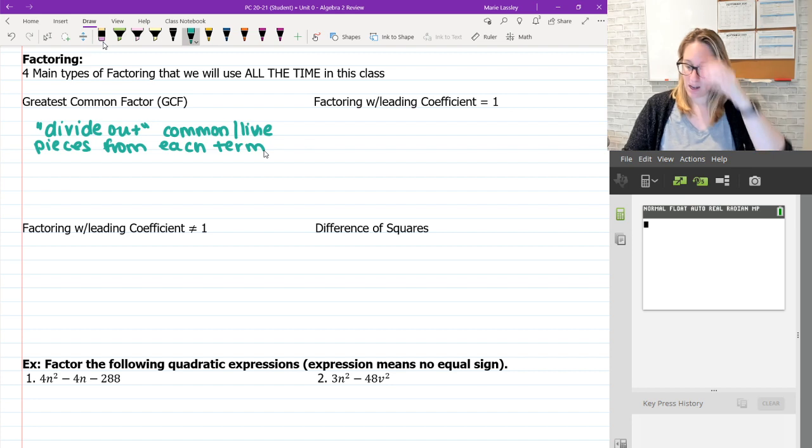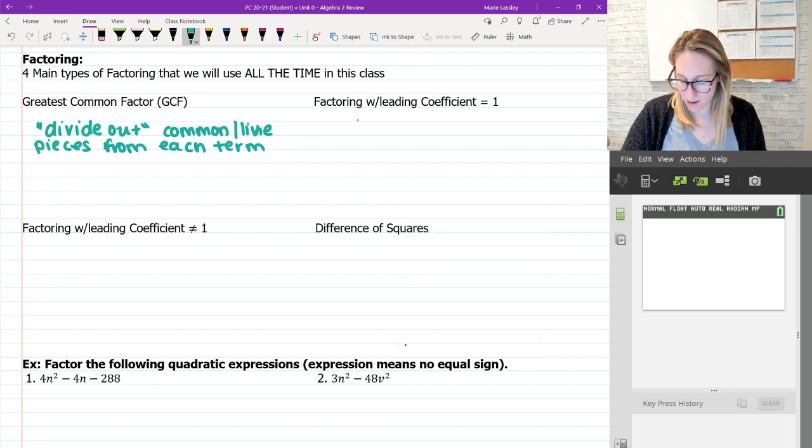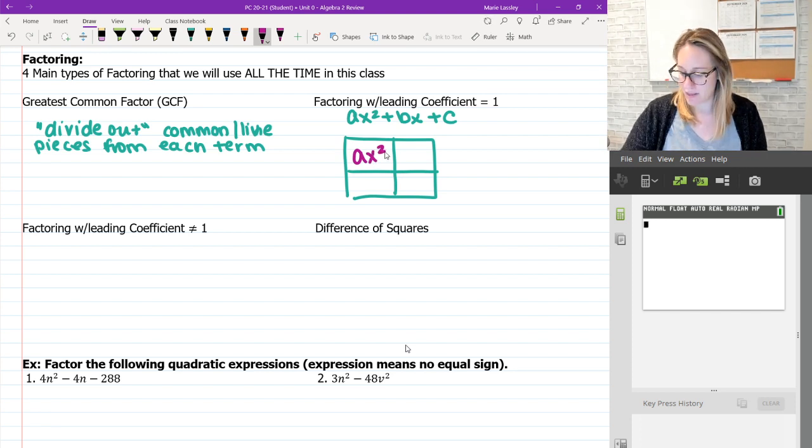Remember our quadratics, right? We have ax squared plus bx plus c. When we do our box, what you're going to do is simply put that ax squared piece right here, and then the c piece goes down here.